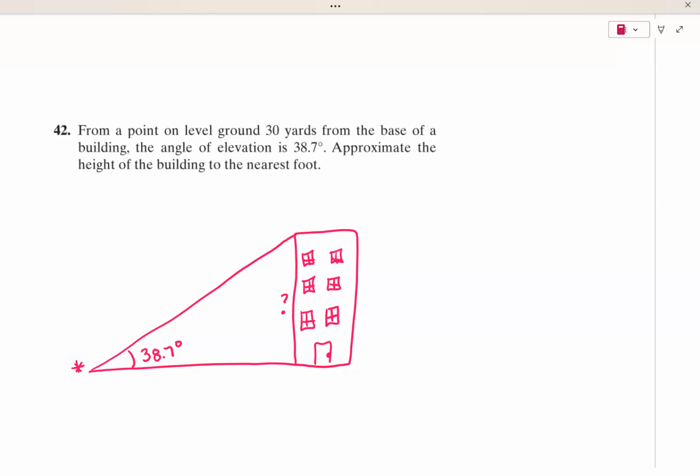Now notice what it says right here. It says to the nearest foot. So I'm trying to figure out how many feet it is over here. But notice what it gives us, 30 yards.